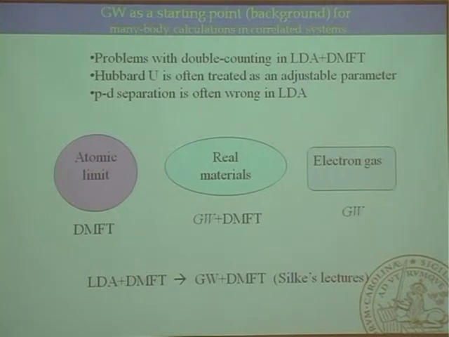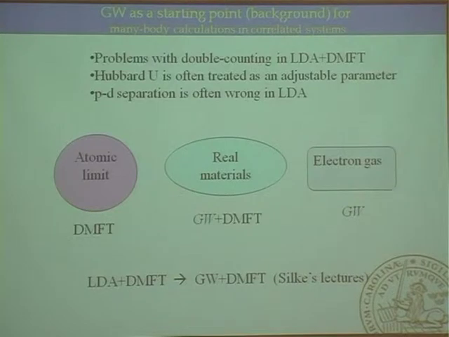With regards to strongly correlated systems, GW could be a good starting point, a background for many-body calculations in these correlated systems. The picture I have is that when you start from the atomic limit, like Antoine described yesterday, DMFT is a suitable method for describing systems with strong correlations.